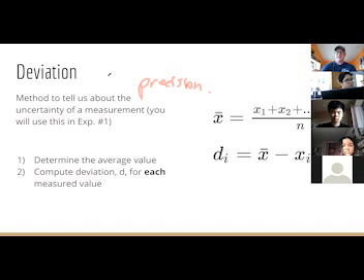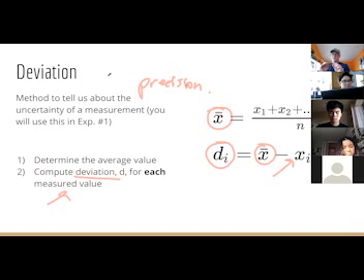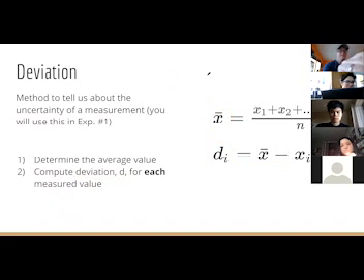So we take the mean and subtract each individual measurement. Deviation is of each individual measurement, not of the whole thing, so we can compute deviation for every single measured value. That's something we're going to do with our scale today to see how precise it is.